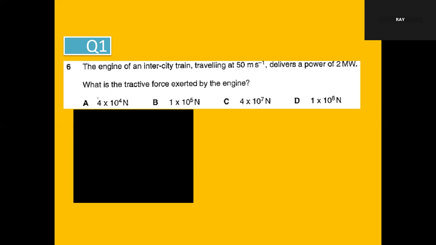An engine of an intercity train traveling at 50 meters per second delivers power of 2 megawatts. What is the tractive force exerted by the engine? Why does it take so long? Wait, let me solve it.